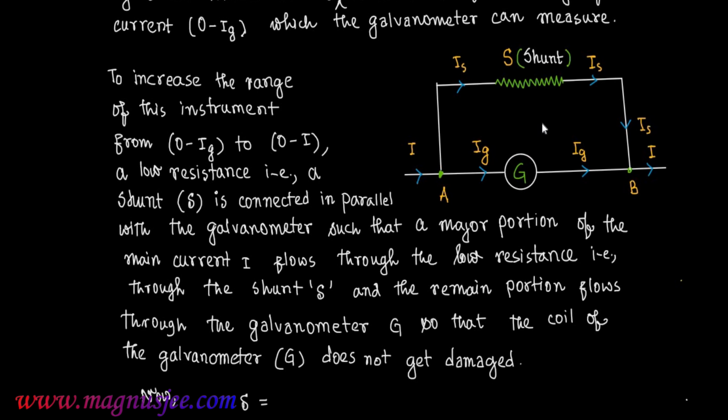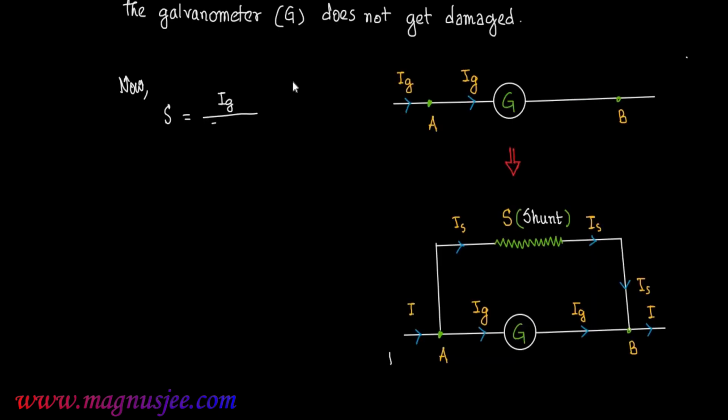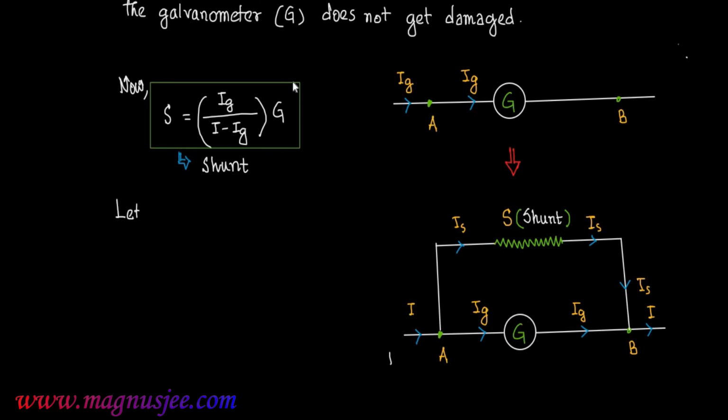Now S is equal to Ig divided by (I minus Ig) into capital G. That is the expression of the required shunt which will be connected in parallel with the galvanometer G. Let I equal n times Ig.